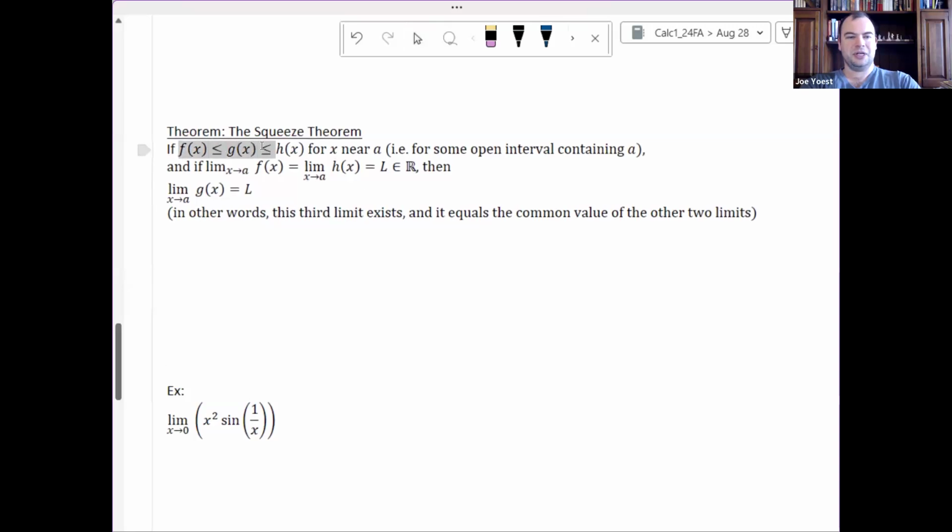If we have three functions f, g, and h, where for x near a, near some value, f of x is less than or equal to g of x, which is less than or equal to h of x.